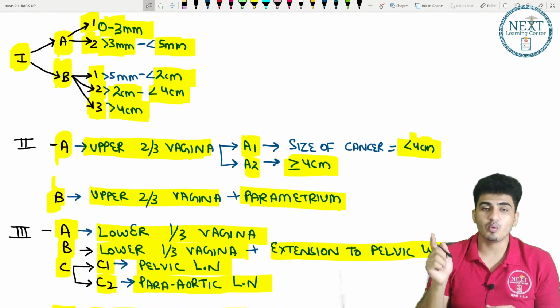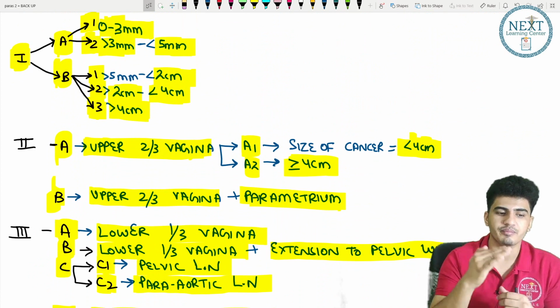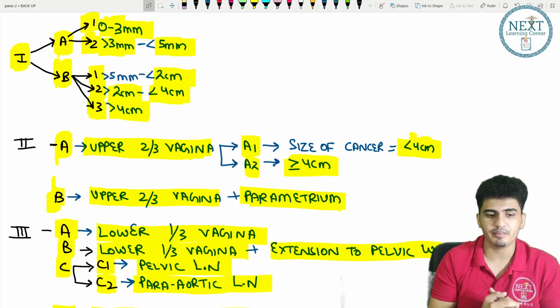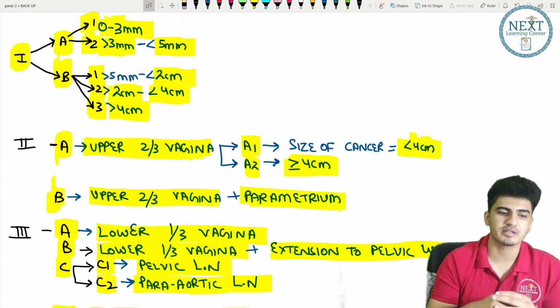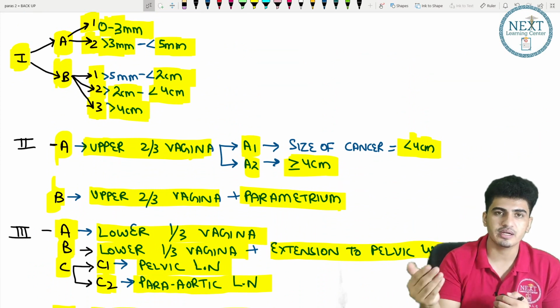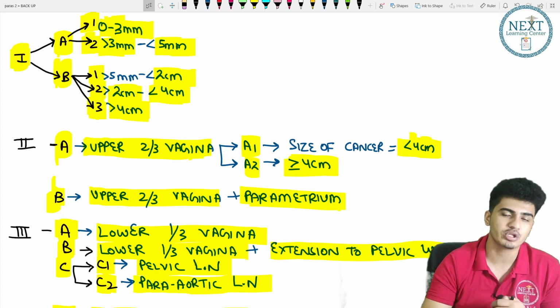Remember guys, once more. Stage 1A1, 0 to 3 mm. 1A2, 3 mm to 5 mm. 1B1, more than 5 mm, less than 2 centimeters. 1B2, more than 2 centimeter, less than 4 centimeters. Then 1B3, more than 4 centimeters.